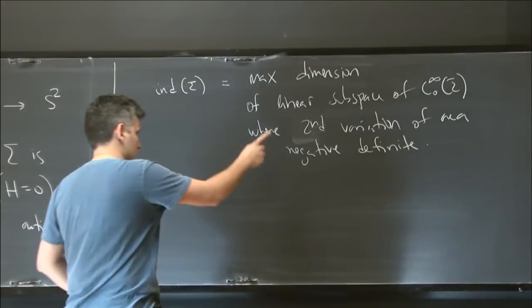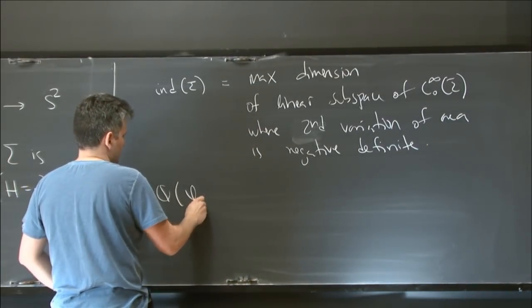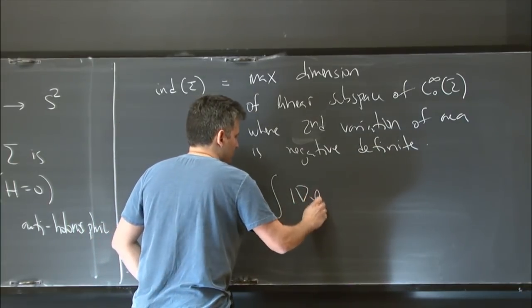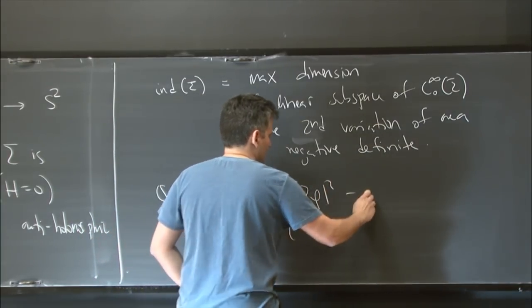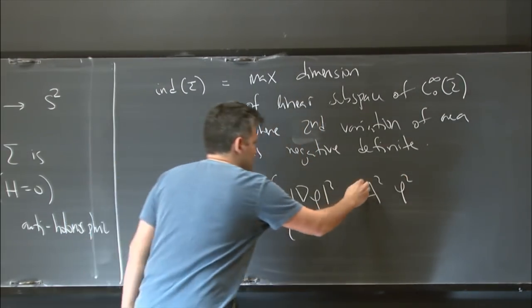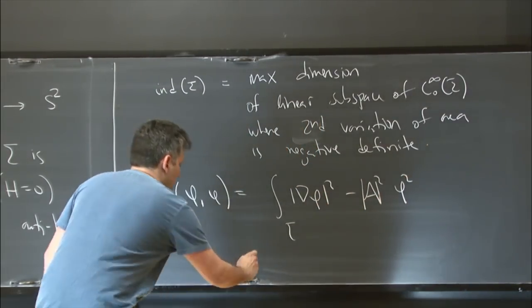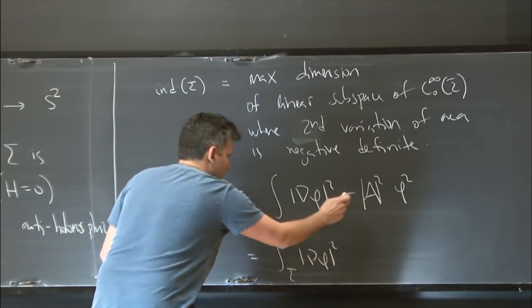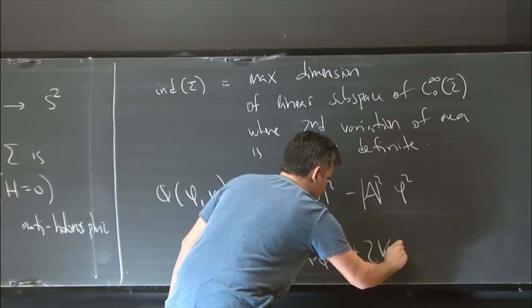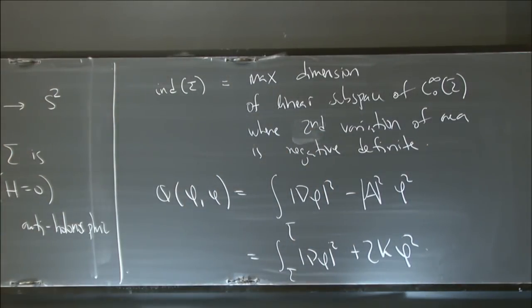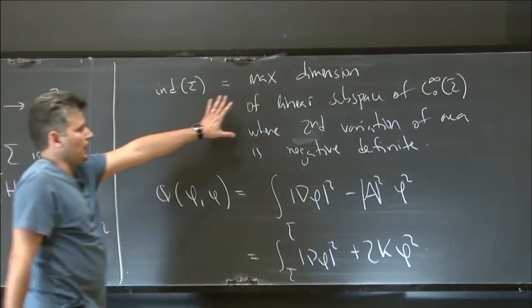Here in R3 the second variation has a very nice form. This is the second fundamental form squared, but because we are in R3, I can actually write this as plus 2K phi squared. I'm writing it this way on purpose.